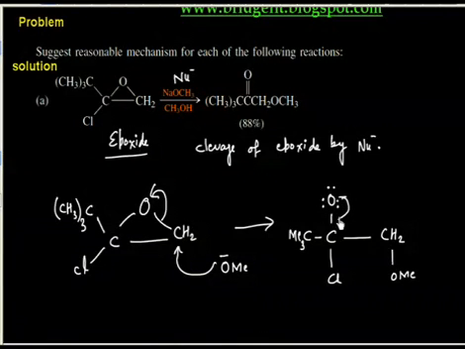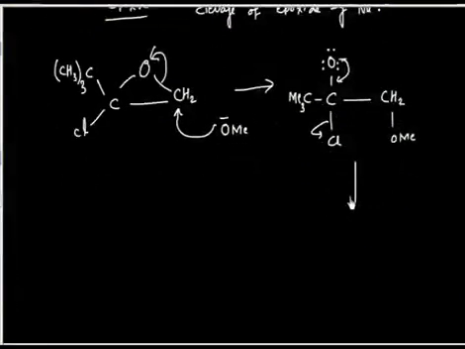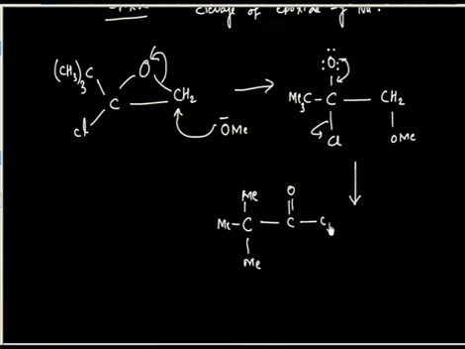This lone pair, basically the minus charge, will expel this Cl. So you can write the product in this case. There are 3 Me, so another Me this side, and one more Me this side, and then you have C double bond O, CH2OMe. So this is the final product you will have.